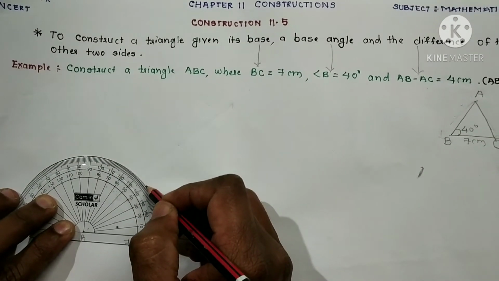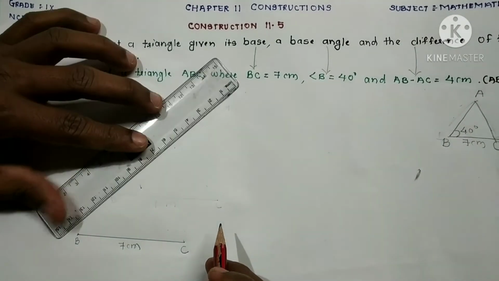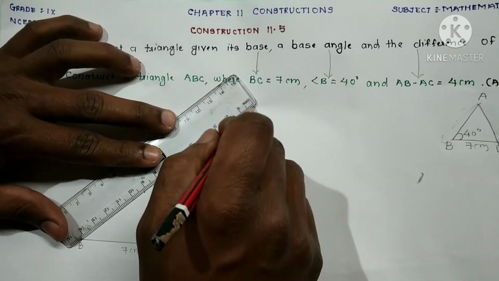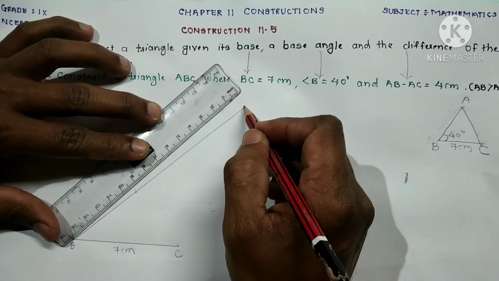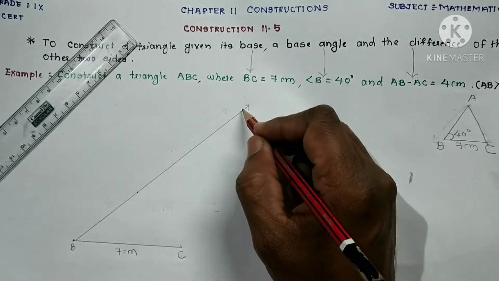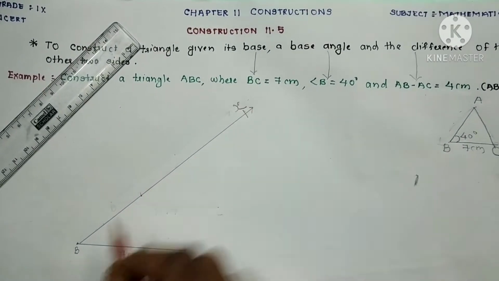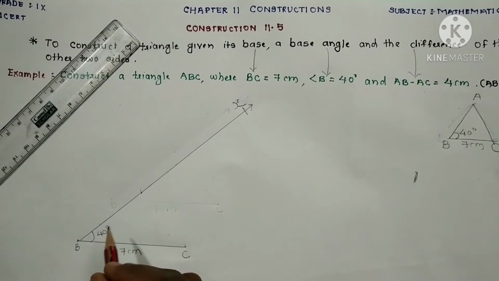This point is 40. Next you have to extend this ray like this and you name this angle XBC is equal to 40 degrees.